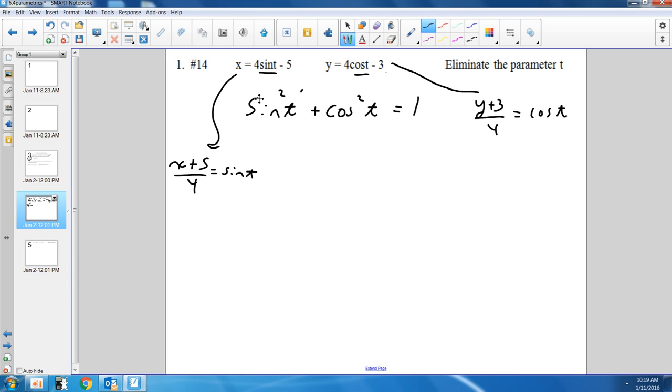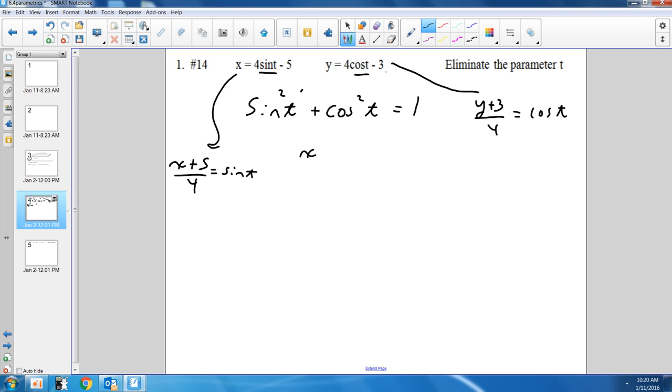Now, these are easy problems. You may want to do that in a couple steps just to make sure that you don't make a mistake on a negative sign, because if you make a mistake on the negative sign, it's really hard to give you partial credit on these because there's so little that you're doing. At this point, you're just substituting in for sine t and substituting in for cosine t.